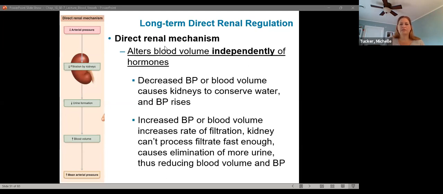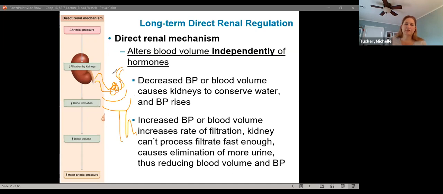The direct renal mechanism is really quite straightforward. When we have that glomerulus, like I said, it has an afferent arteriole, then glomerular capillaries, and an efferent arteriole. The amount of filtrate produced to go into this kidney system is directly proportional to the blood pressure.